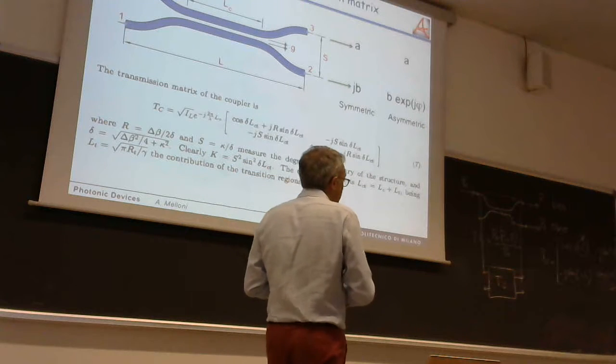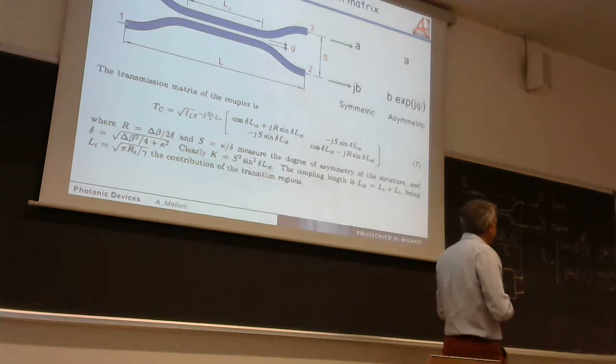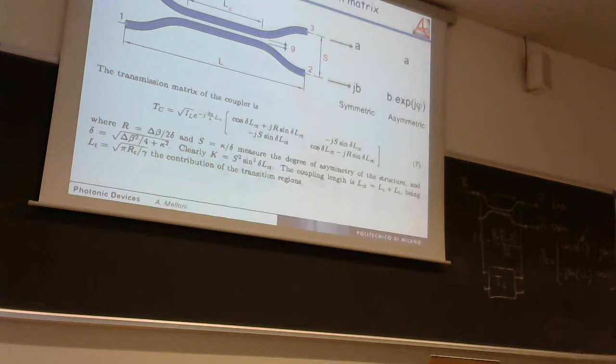So if you wanted to realize a 3 dB coupler, a coupler that splits in two, you need this one as 1 over square root of 2. So we need CL equal to pi divided by 4.